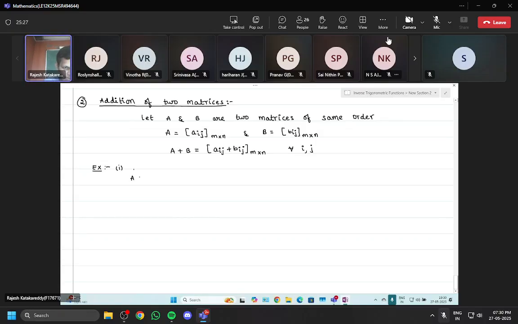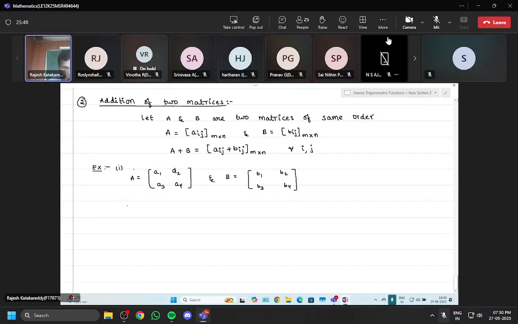Let us take matrix A equals A1, A2, A3, A4, and B equals B1, B2, B3, and B4. Now if I am adding them, A plus B equals, right?